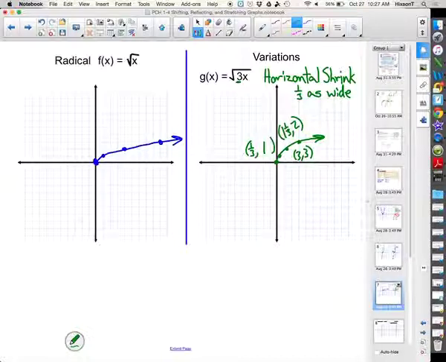So, guys, for each one of these, you need to at least be picturing this in your mind. If you have to sketch one of these on a quiz, you're welcome to sketch it lightly so that helps you see what the new one ought to be. But you need to at least know the points that you're dealing with in your mind, and then you can modify each point individually.